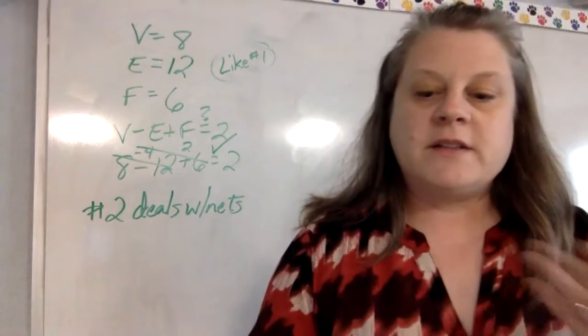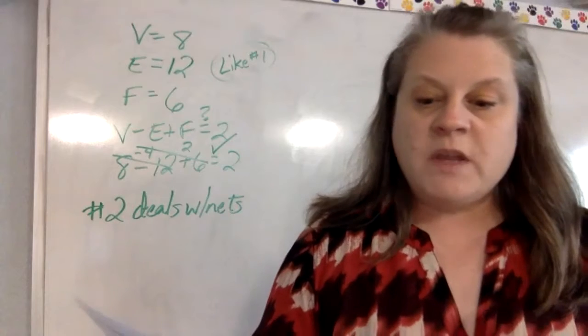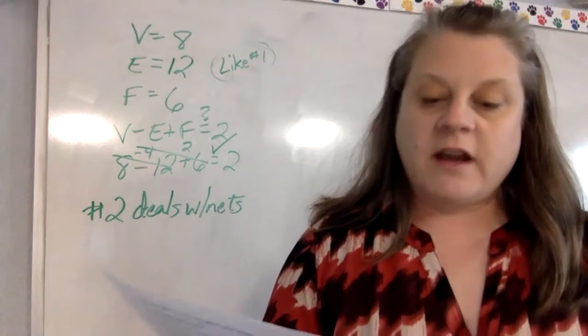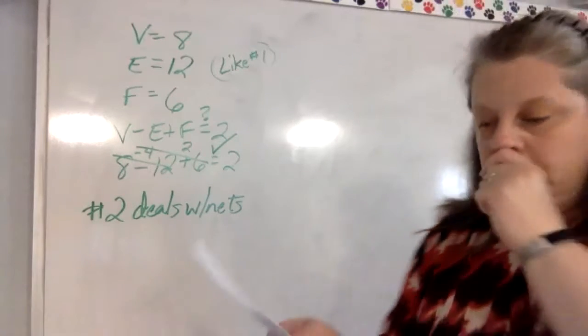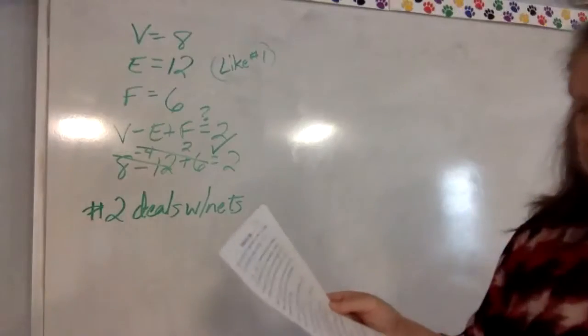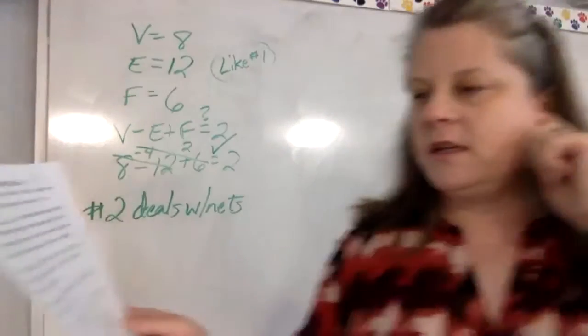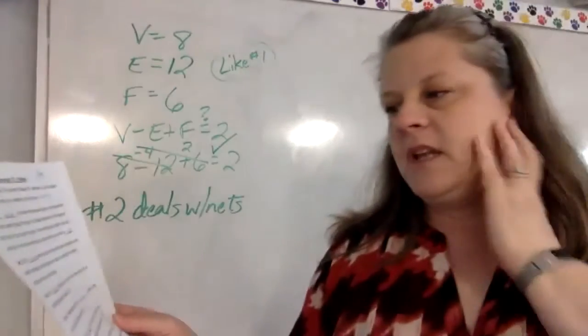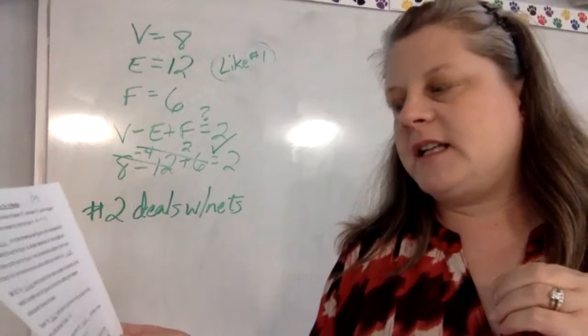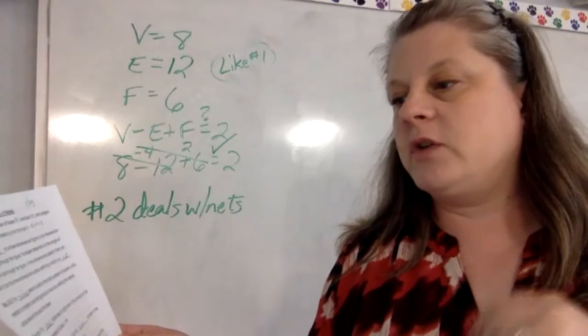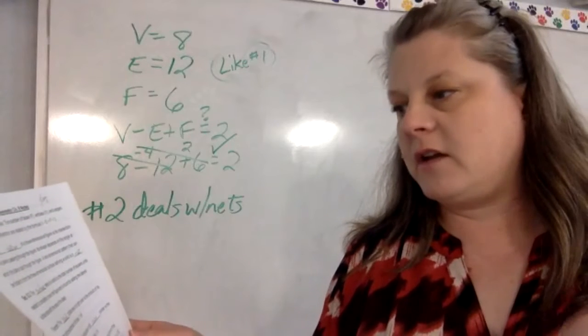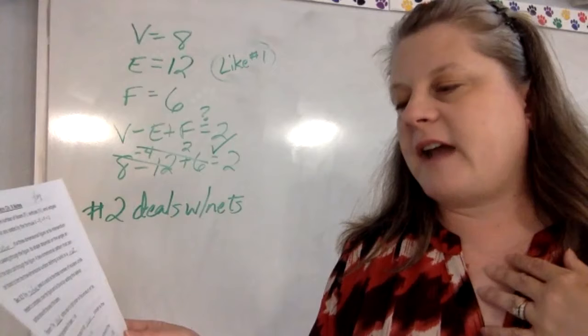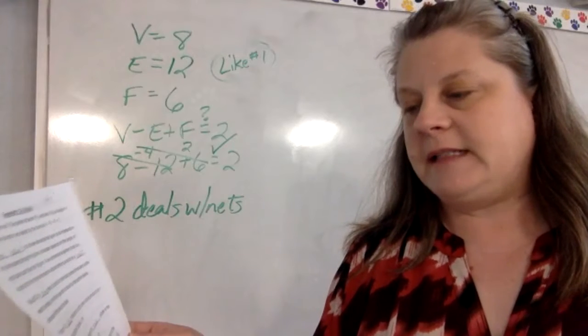Okay? Now, section 9.2 starts talking about our lateral area and our surface area. So on our notes, it says, the surface area of a solid is the total number of square units needed to completely cover the figure and is found by adding the lateral surface area with the area of the bases.